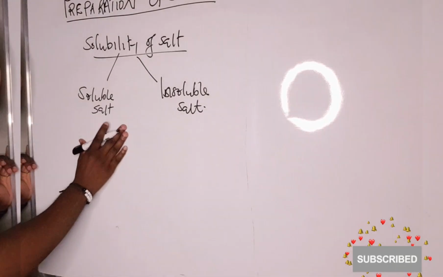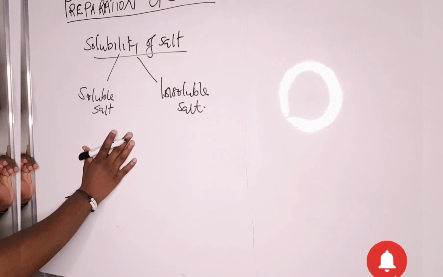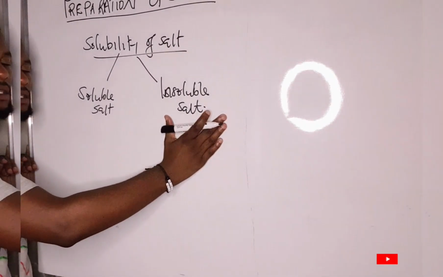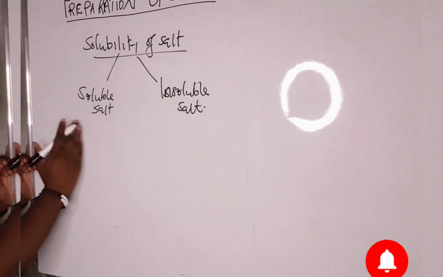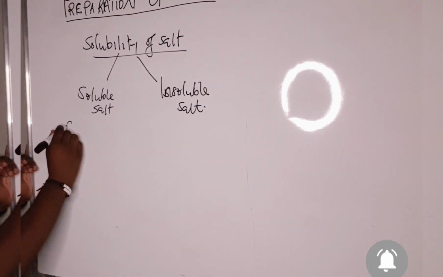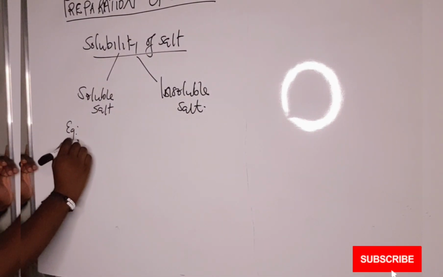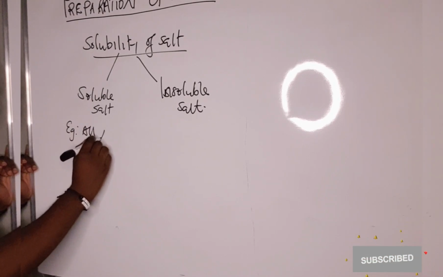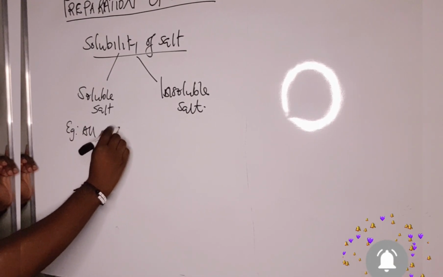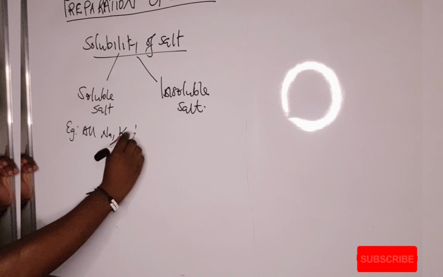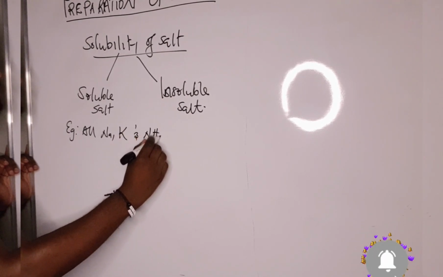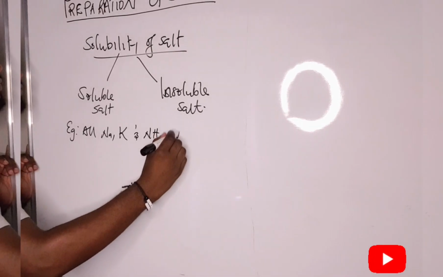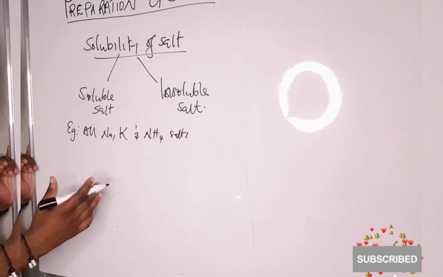Soluble salts are salts that dissolve in water, while insoluble salts don't dissolve. Some examples of soluble salts: sodium, potassium, as well as the ammonium salts are soluble.